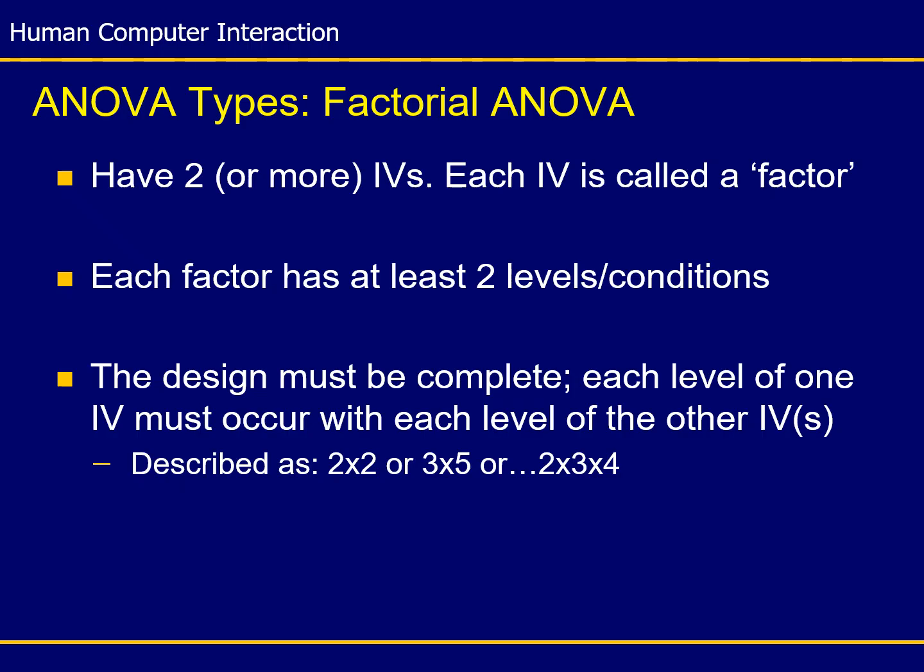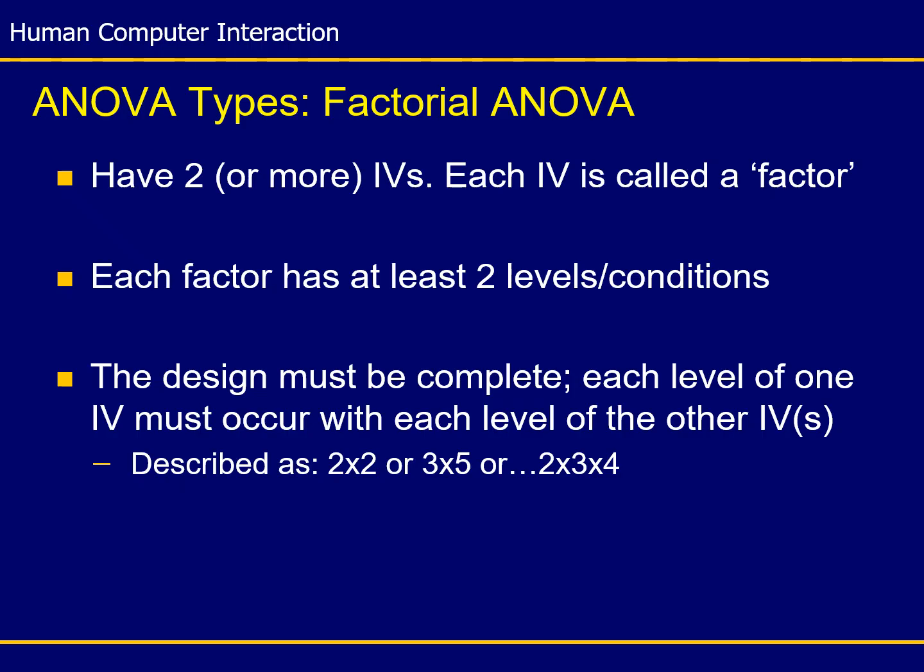Okay, so if the first one is light intensity, you have high and low. The second one is temperature, you have high, medium, and low. And the third one is humidity. You have 4 levels of humidity: 25%, 50%, 75%, and 100%. You want all the combinations. This is what we mean when we talk about a complete design.